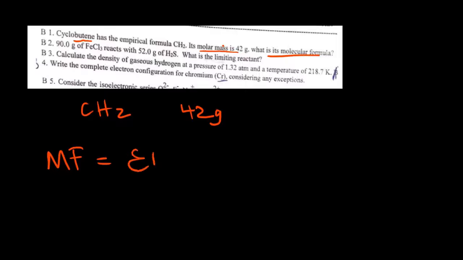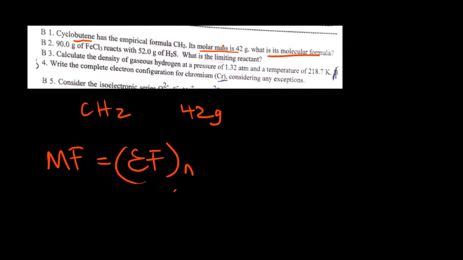Cyclobutene has the empirical formula CH2, and its molar mass is 42 grams. What is the molecular formula? So how can we find the molecular formula of cyclobutene? We know that the molecular formula is equal to the empirical formula multiplied by n.